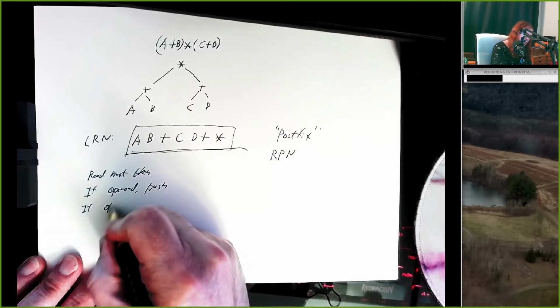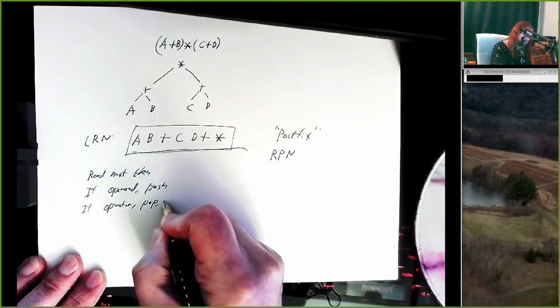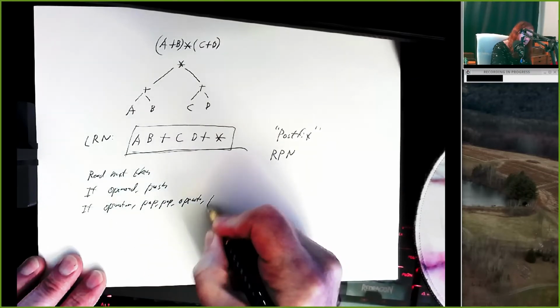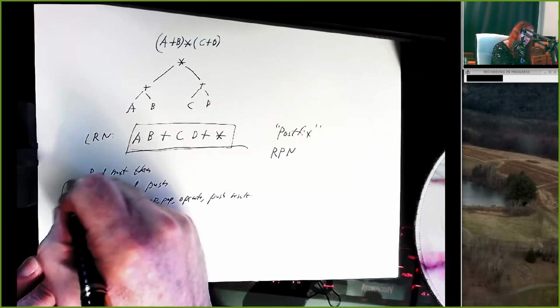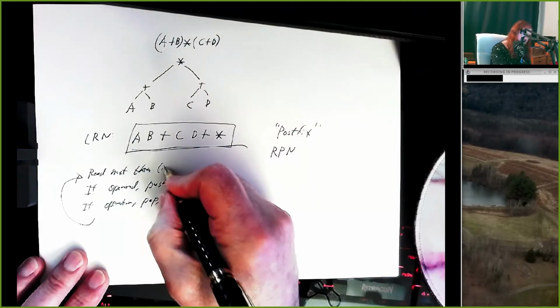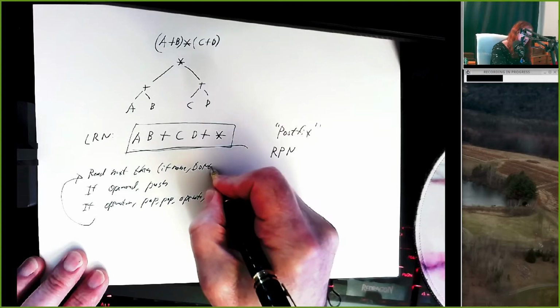If it's an operator, pop, pop, operate, push result. And go back up and just keep looping. If there's no next token in your input, you're done.